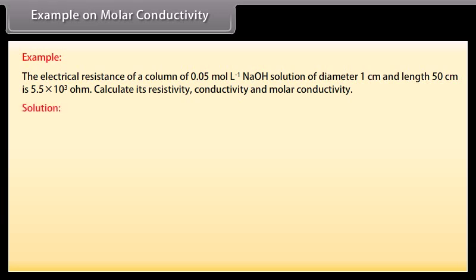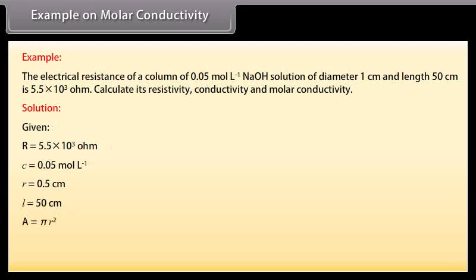Let's see the solution. Here the given values are R = 5.5 × 10^3 ohm, C = 0.05 mole per liter, r = 0.5 centimeter, L = 50 centimeter. We know that area is equal to πr².